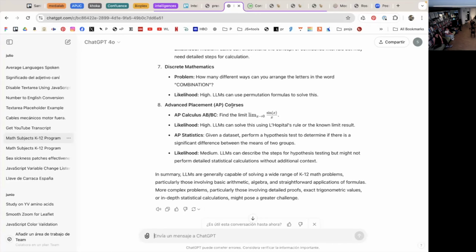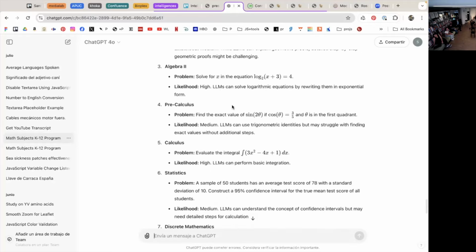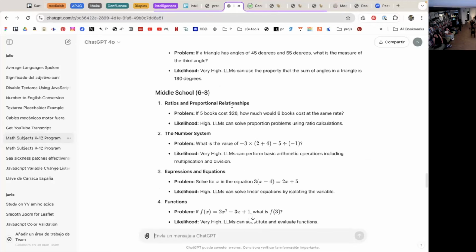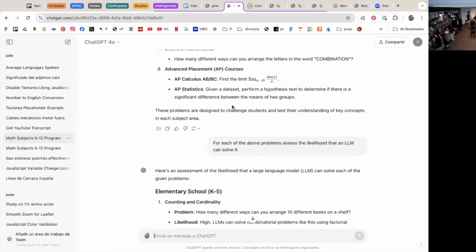Not this one, but a higher version. So we are teaching our kids things that the machines can do. So what should change? The machine, how we use the machine, or maybe how we are educating our kids? Because what we are doing, teaching this, which in my opinion, 80% of this is not mathematics, because learning mechanical processes is not mathematics.